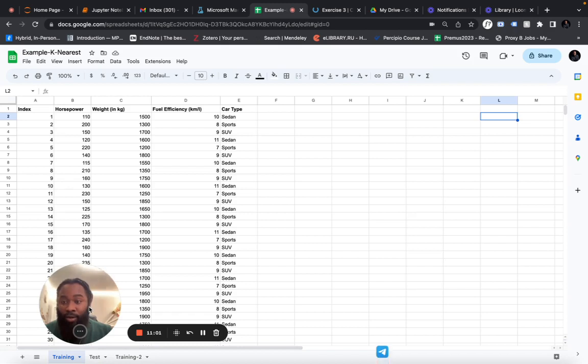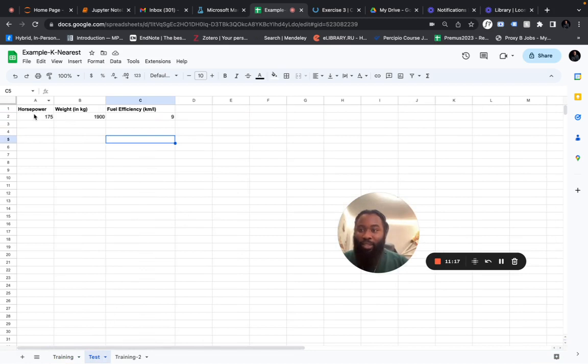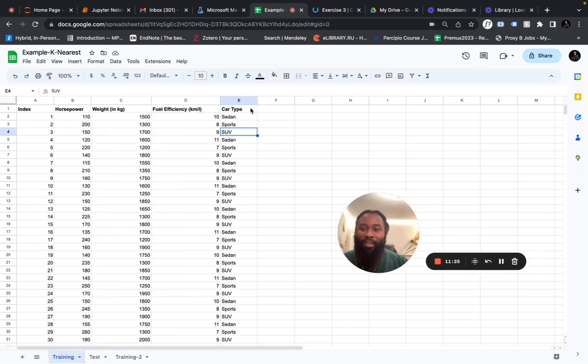Or this other example is, for example, if you had a data set of cars with horsepower, weight and fuel efficiency, and we know the car type, sedan, sports, SUV, and we had a new point with just this data set of horsepower, weight, and fuel efficiency, what would be the car type?